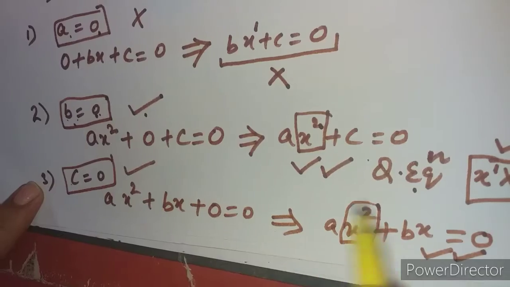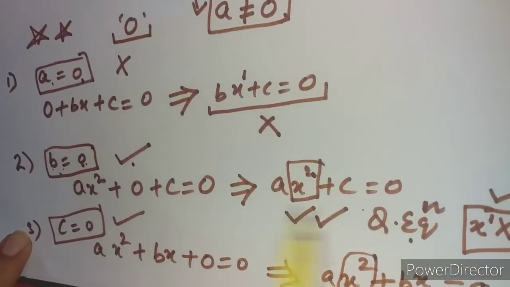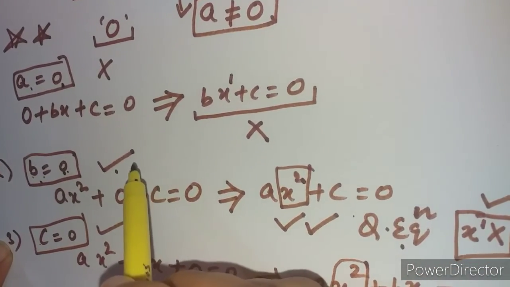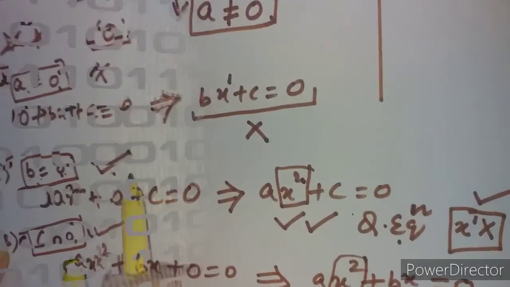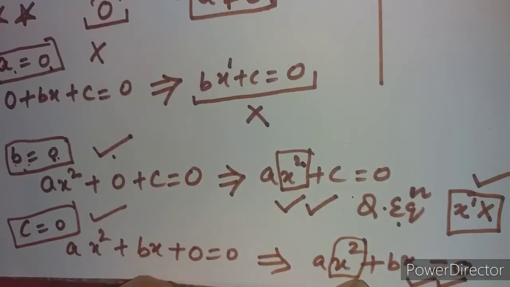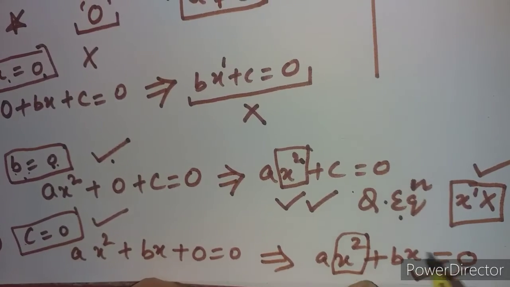It means what will be the form of the equation in which c is equal to 0?